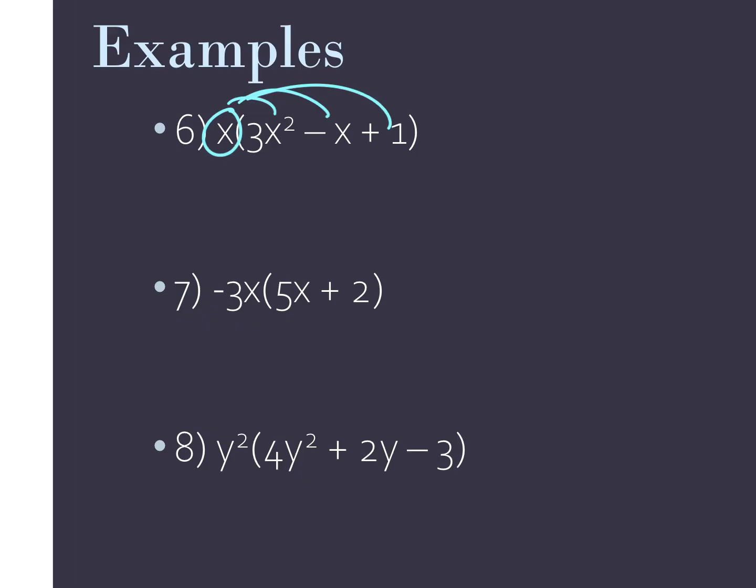So when we distribute, keep in mind, this is where our rule of our exponents comes in. When you're multiplying with the same base, you add those exponents. So this is the same as 3x to the third, because this has an exponent of 1, this one has a 2, minus x squared, x times x is x squared, plus 1 times x is just 1x. So then we get this as our final answer. We don't have any like terms to combine.